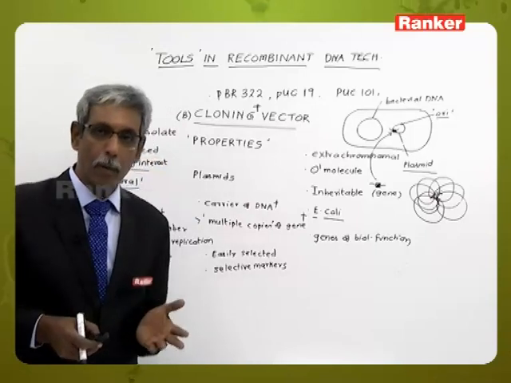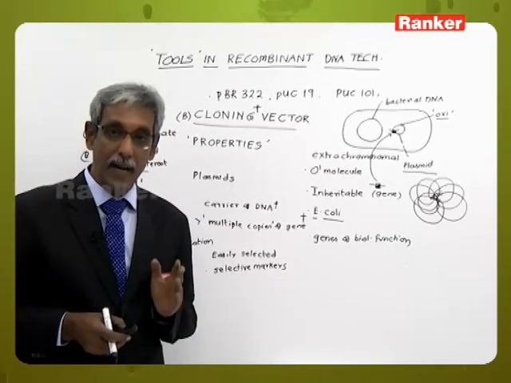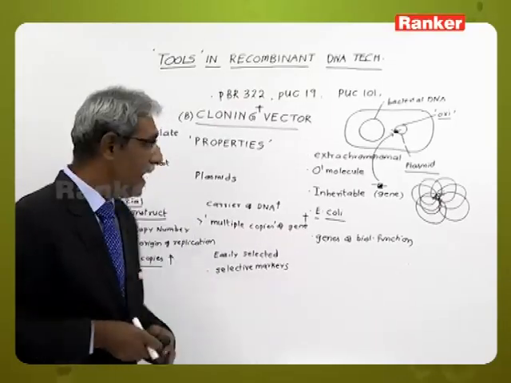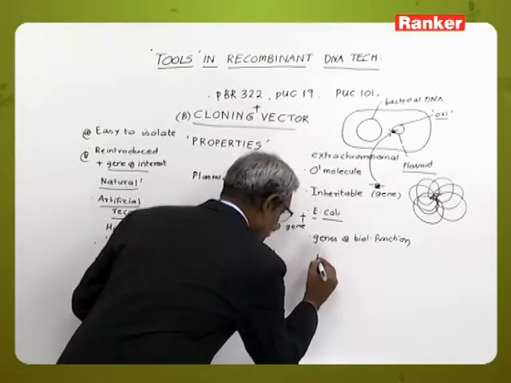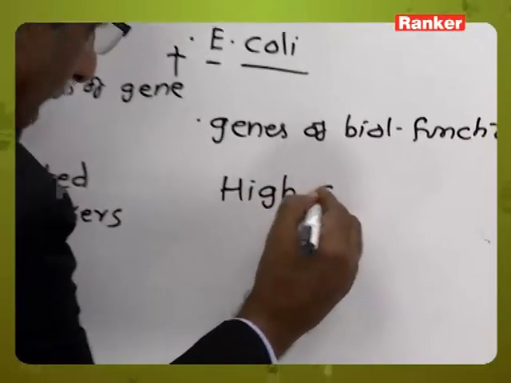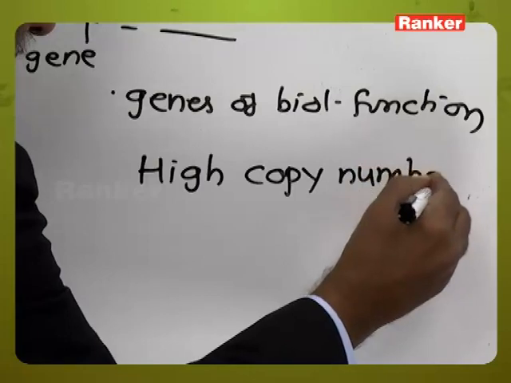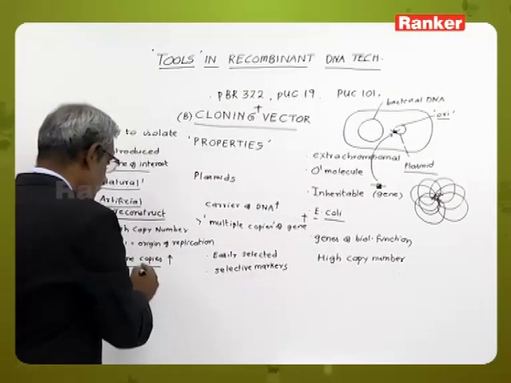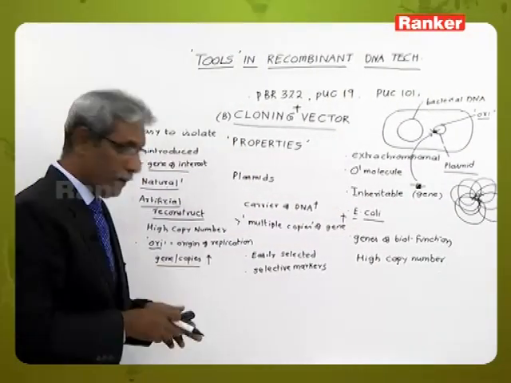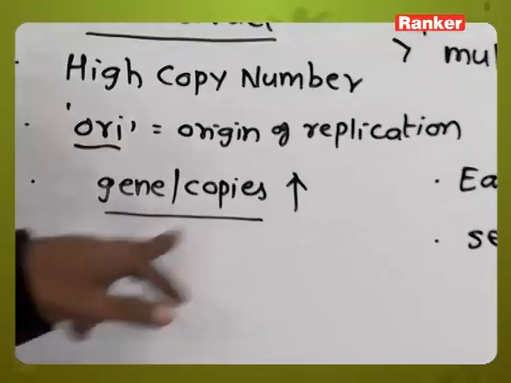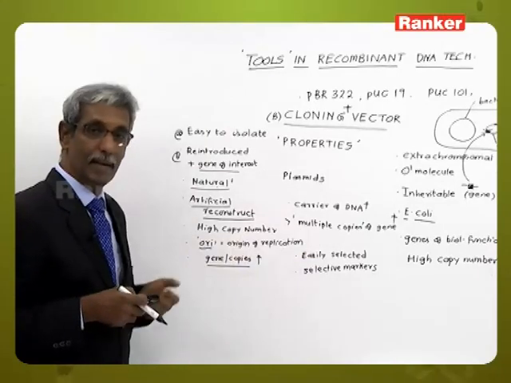Whereas there are other plasmids which are termed relaxed. So what are relaxed plasmids? Relaxed plasmids have a very high copy number, and thereby the copies of the genes can easily be made more.